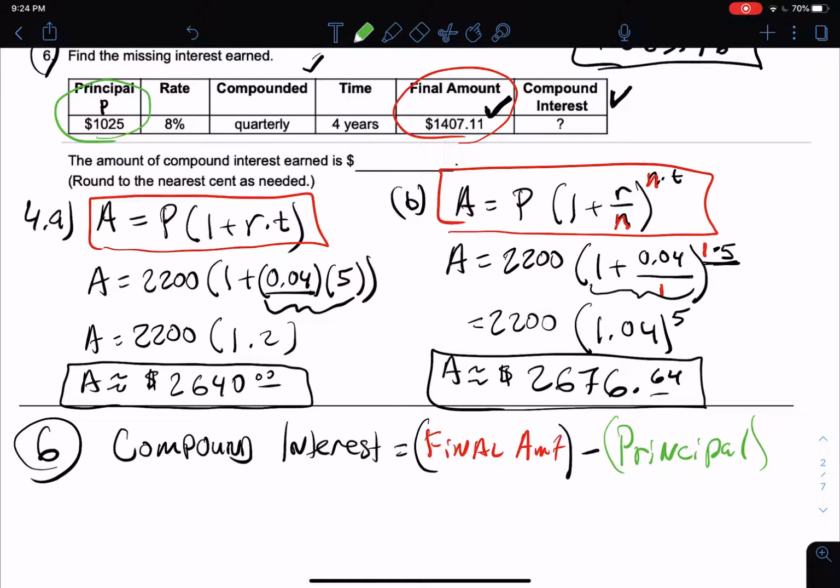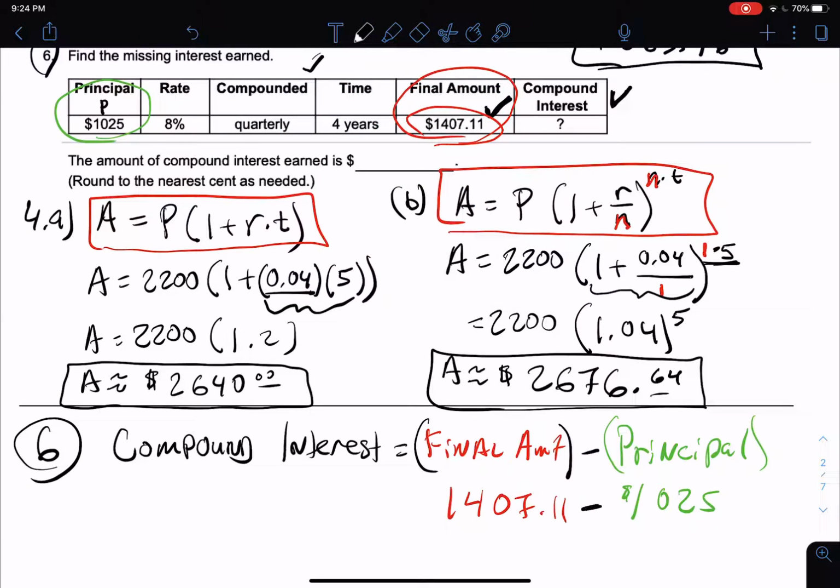Okay, so the principal, what we started with, was $1,025. And the final amount is right here, which is $1,407.11.